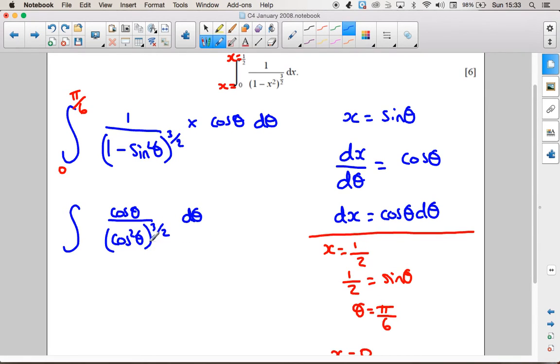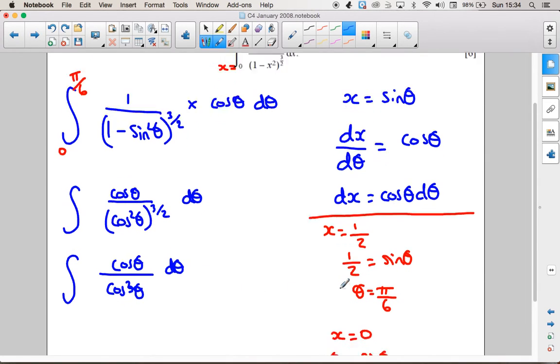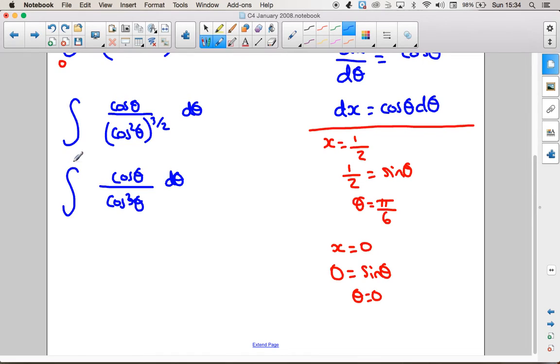Well, cos squared theta to the 3 over 2, that squared is going to cancel with that square root. So we've got cos theta over cos cubed theta d theta between pi over 6 and 0.